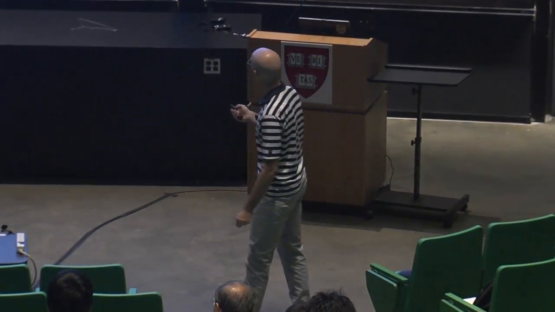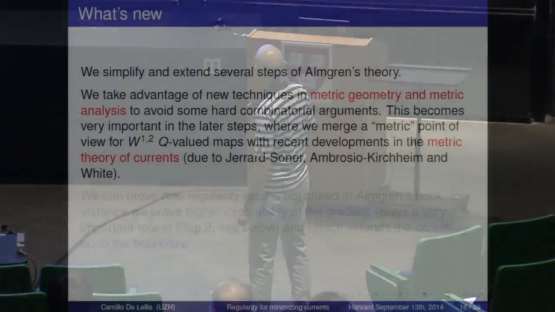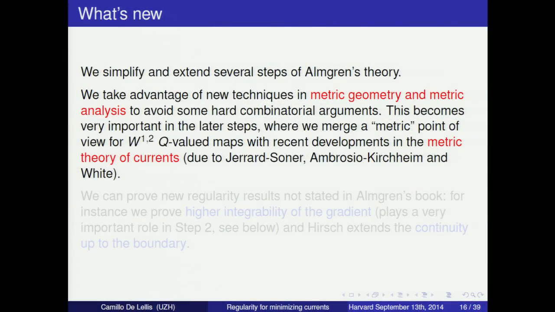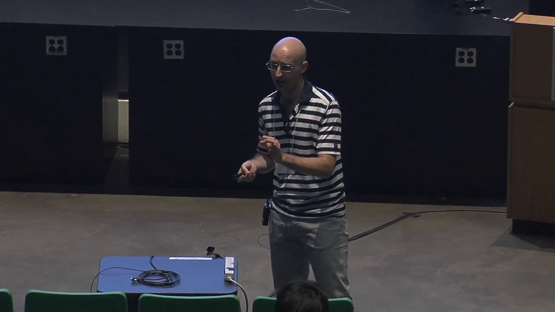I will show you in later steps that we can combine this with a more recent theory, which is very efficient, which I will call the metric theory of currents, which is essentially due to De Lellis, Ambrosio, Kirchheim, and White. And this will have a lot of features when you go on in the proof of the regularity. So we also have a couple of new things that we can do which are not present in Almgren, and these are really hard analysis theorems.